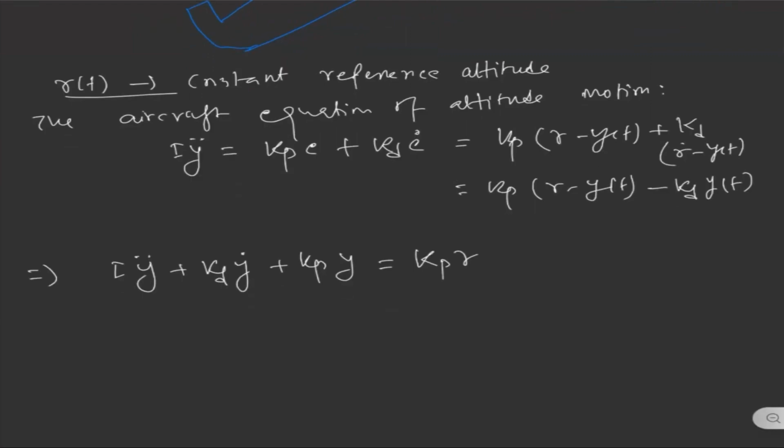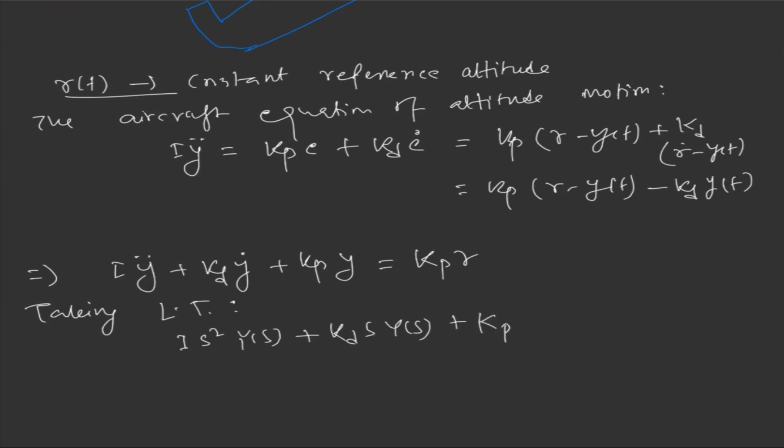And if you take the Laplace transform, we have I s square Y of s plus Kd s Y of s plus Kp Y of s equal to Kp R of s.